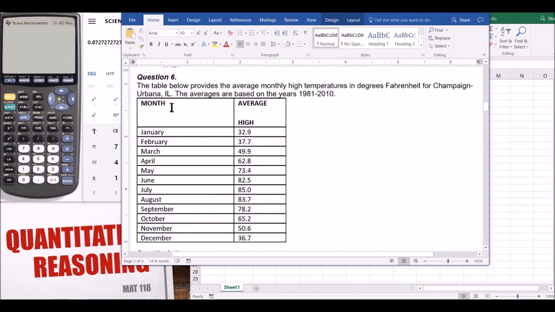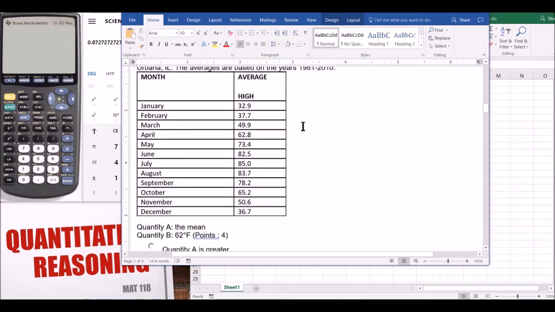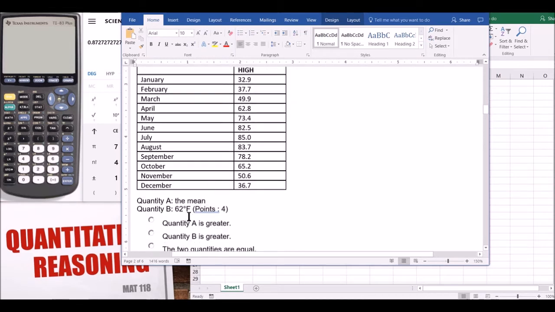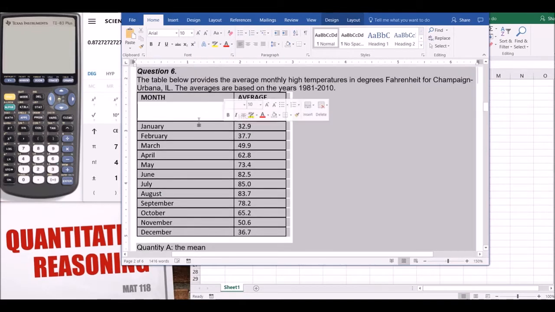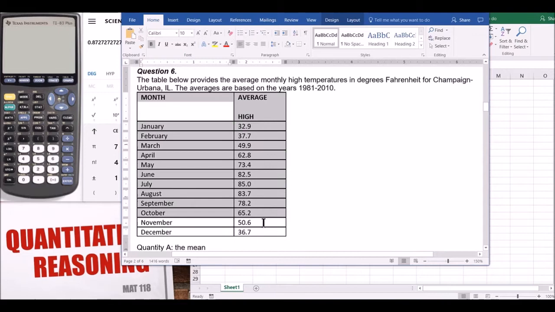All right, so this below here has average temperatures from 1981 to 2010. So the average is based on years, okay? So we want to find the mean versus 62 degrees. So we can actually take this here and copy and paste that right into Excel.